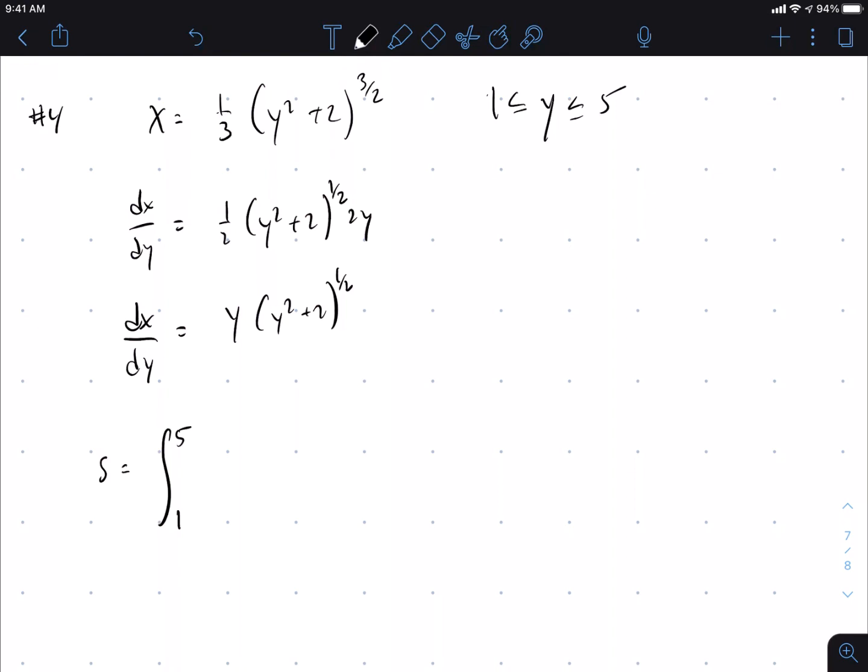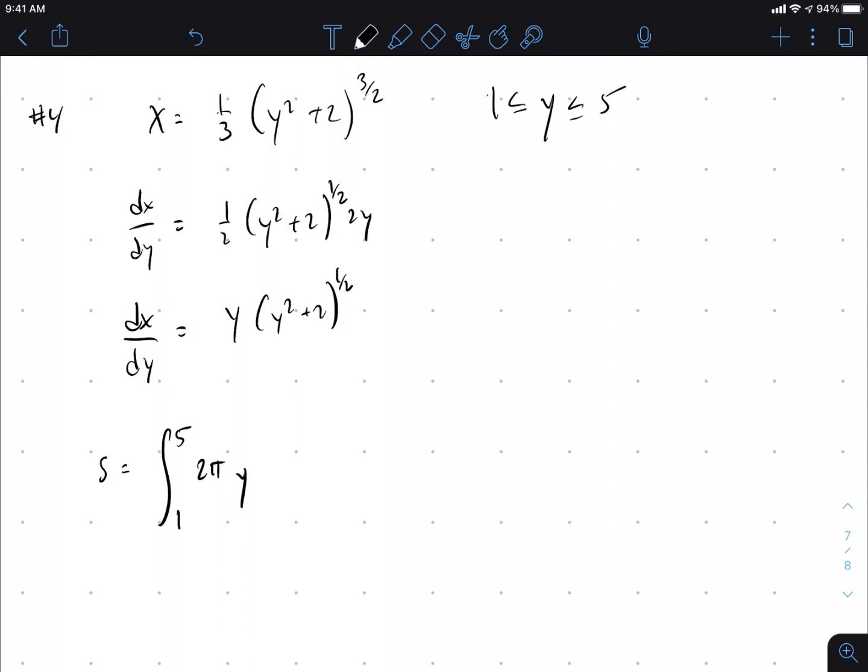What do we have here? 2 pi y. But that's the problem. That's the part that I don't get. What I was initially doing was plugging in the x, like 1/3. Okay, so one of the things that's important is what are we rotating by? We're rotating this problem about x.